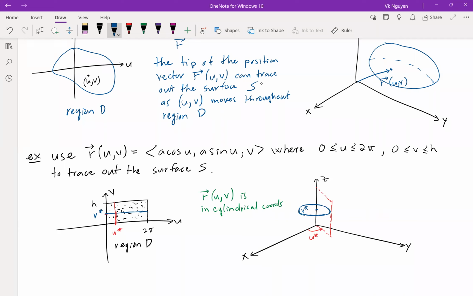Because in cylindrical coordinates, this is a circle and the radius is a. This is the r(u star, v star).